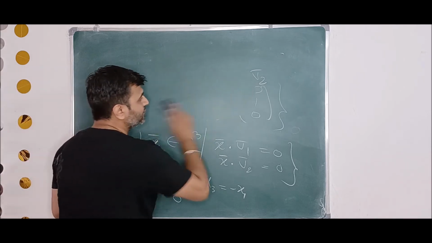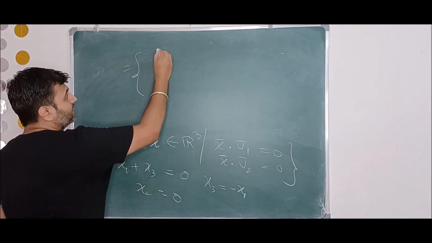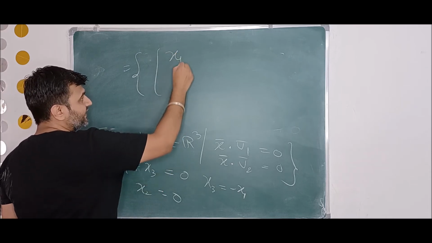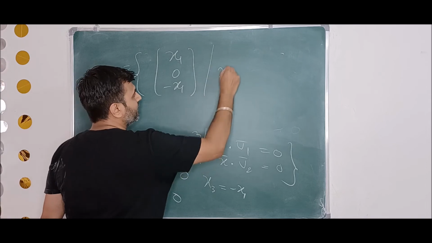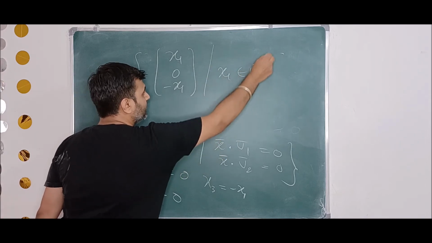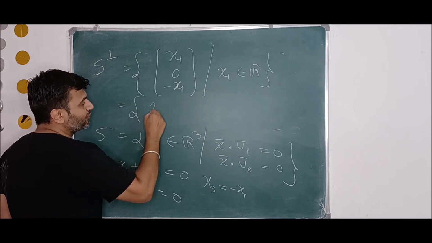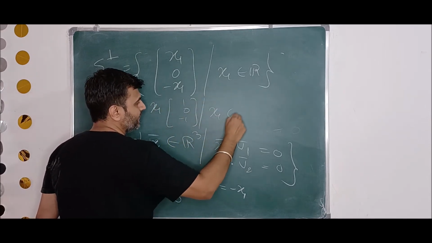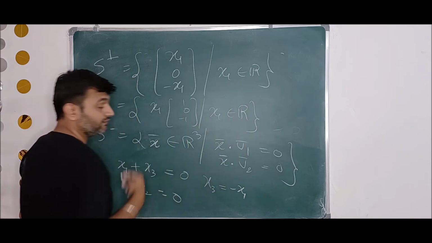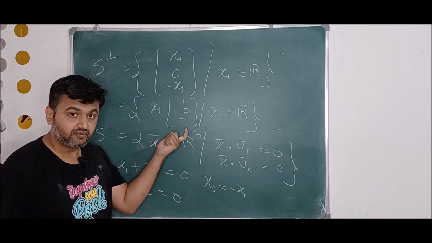Therefore, if you try to see your S perp, your X1 is as it is, X2 is 0 and X3 is minus X1, where X1 is any real number. This is your S perp. If I take X1 outside, it is (1, 0, -1). So your S perp is the span of a singleton vector.